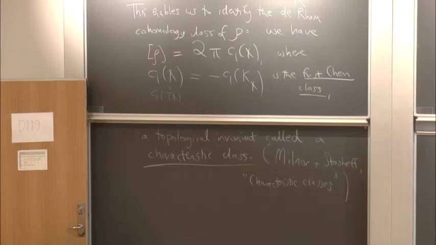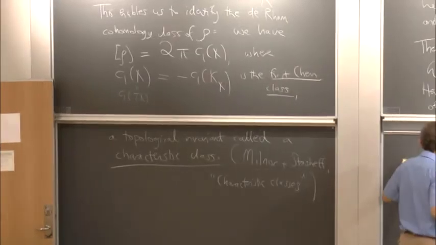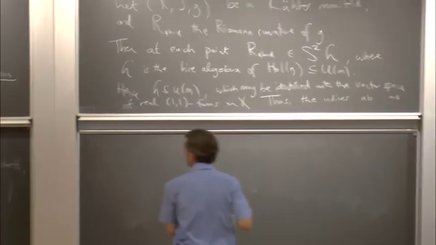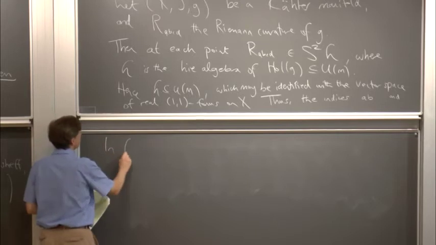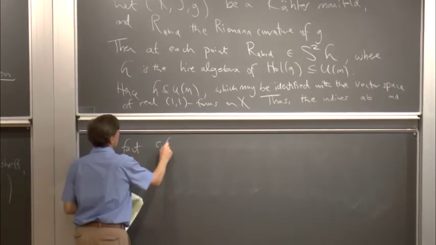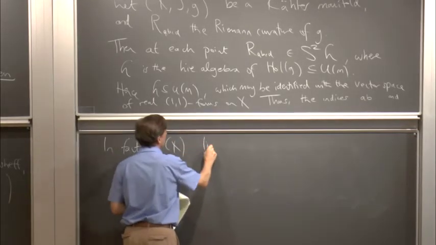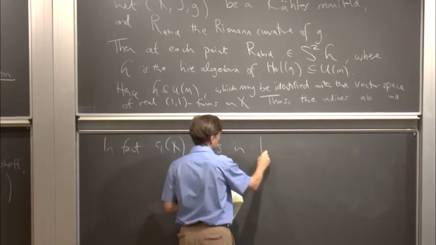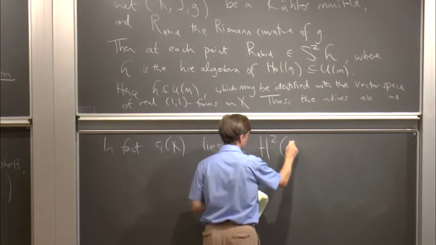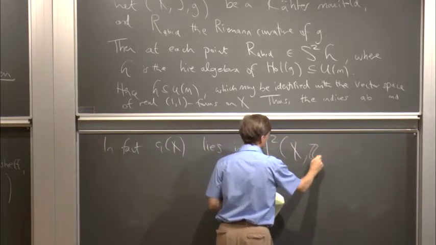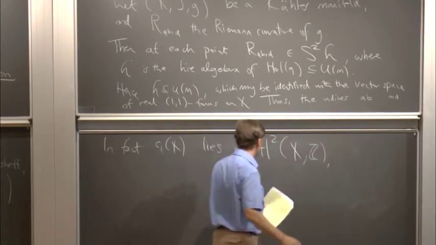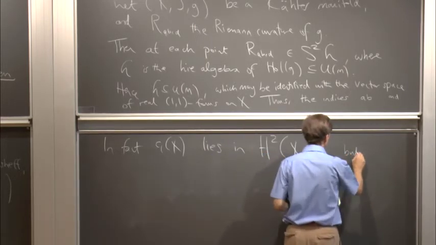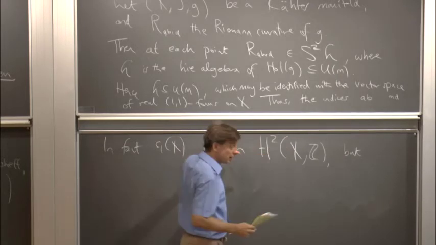And this is something which depends only on the complex structure, or really the almost complex structure, up to isotopy. And in fact, C1 of X lies in the integral cohomology H^2(X, Z). But so it's really a discrete thing.